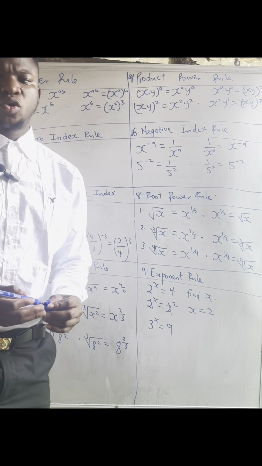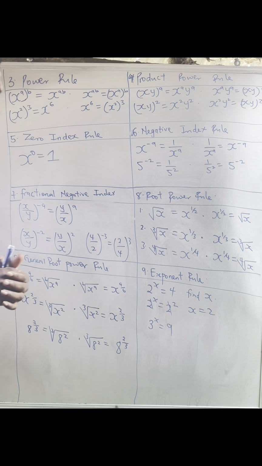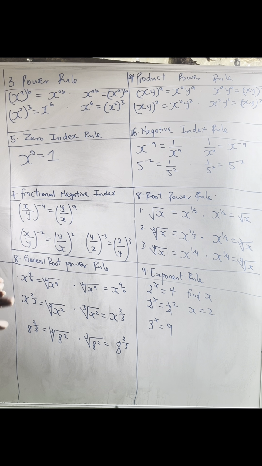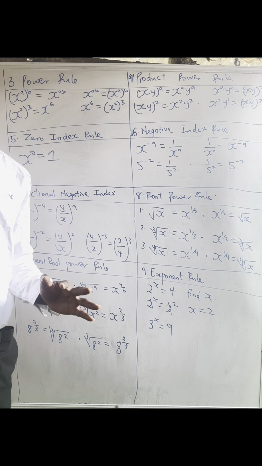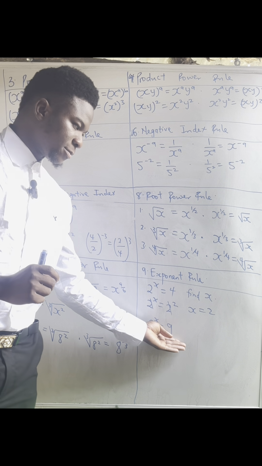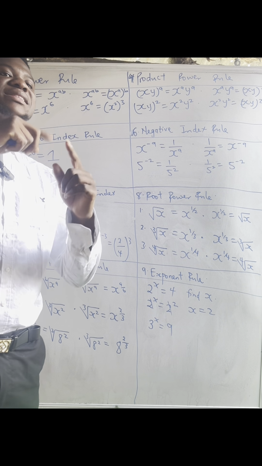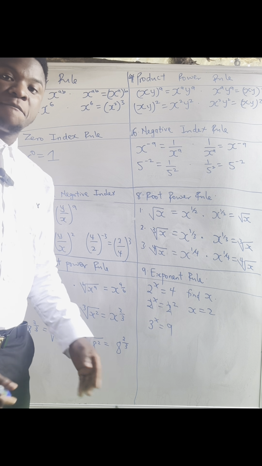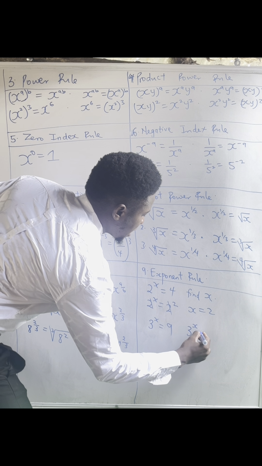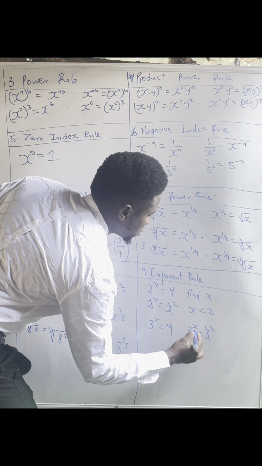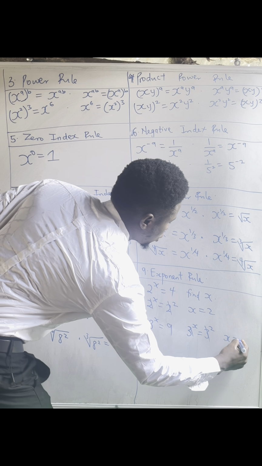Look at this expression also. I'm going to study this question. I'm going to look at how can I rewrite the other side of the equation so that they're going to have the same base or the same power. I will now notice that this is 9. Then 3 square, that is 3 times 3, will also give me what? 9. So therefore, I will just write this as 3 raised to power x is equals to 3 squared. 3 cancel 3, and my x is equal to what? 2.